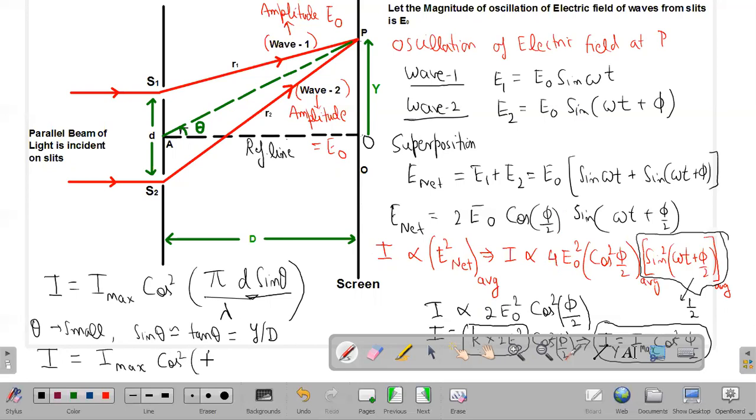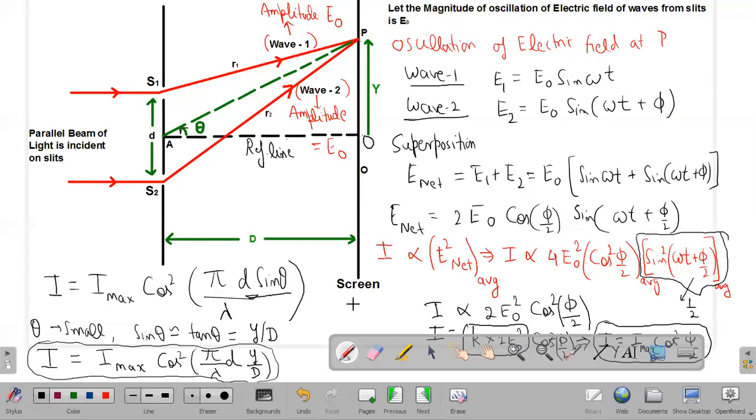Earlier we had this expression in terms of the angular position theta, and now we have intensity expression in terms of linear position y of point P from the reference line or from the center of screen.